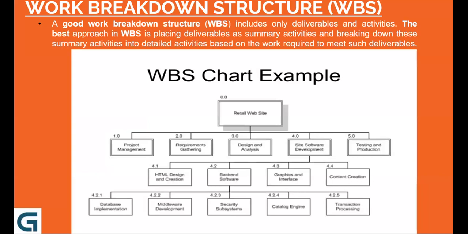Now from a particular section, for example site software development, that means the proper development team, it is again broken down into multiple categories. That is HTML, or database connection, or sorry, that is backend software. All these things come from one requirement or one department, and they are just getting more detailed.